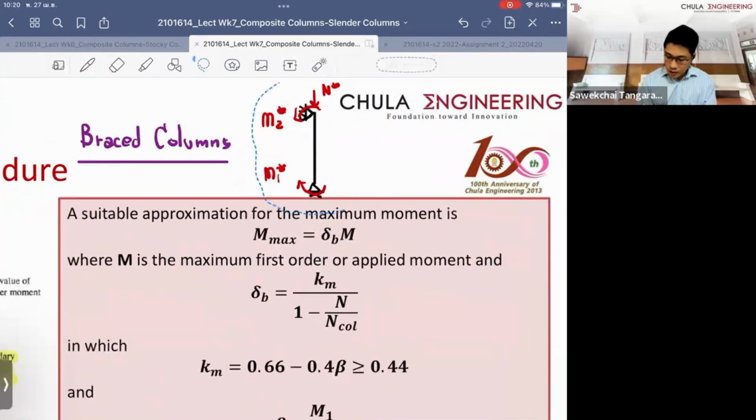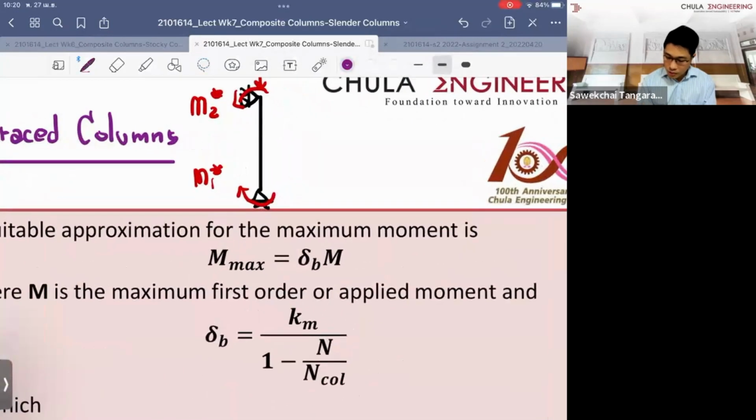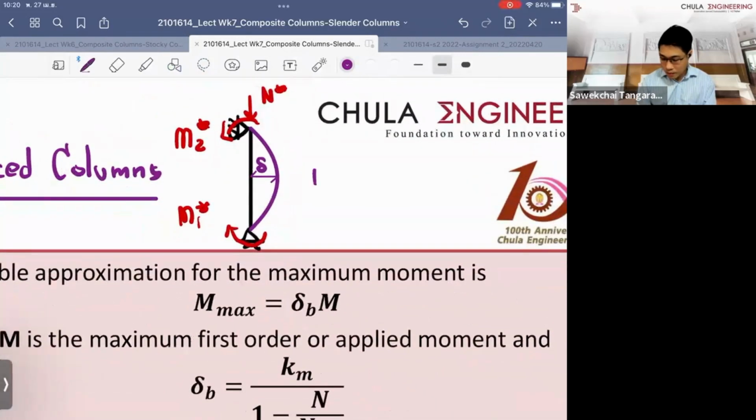And in this case, the consideration that we have in this code is only for the P-delta effect, and we call them small delta. It's not the big delta, because with this small delta, we make the maximum bending moment that you have become... I don't draw it.